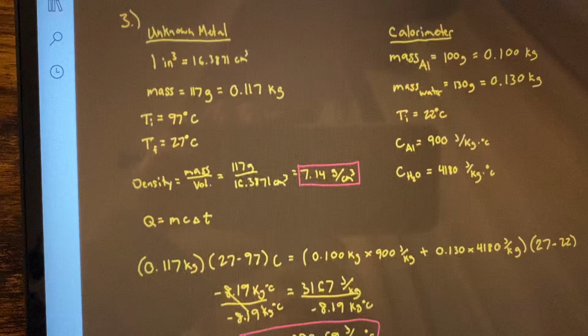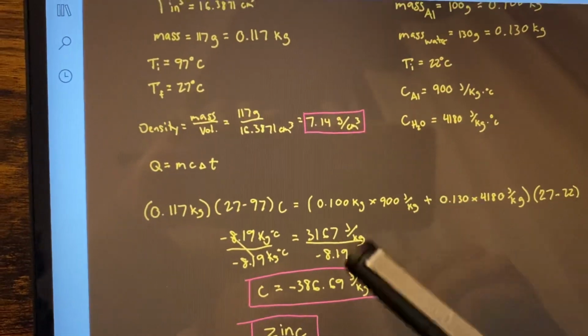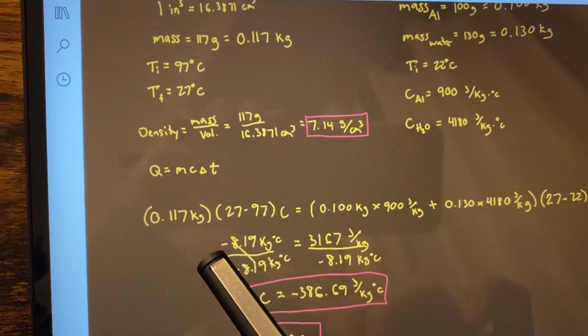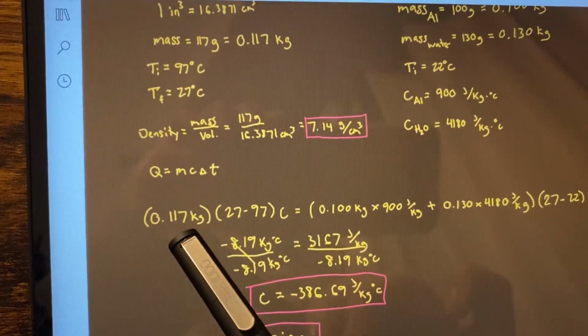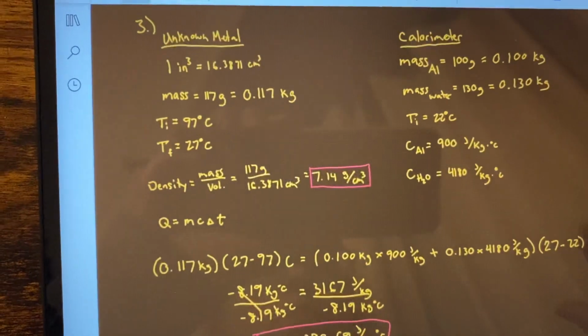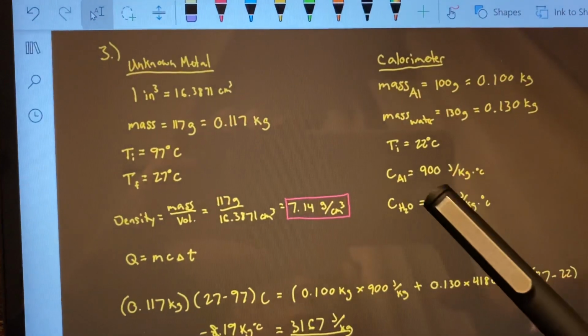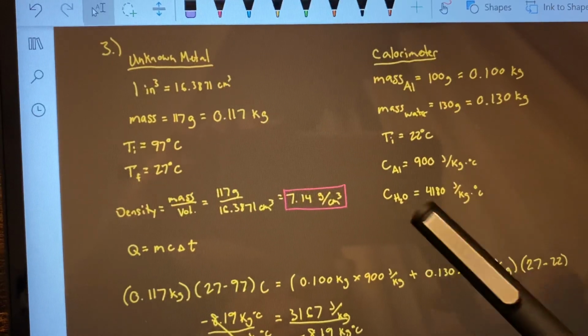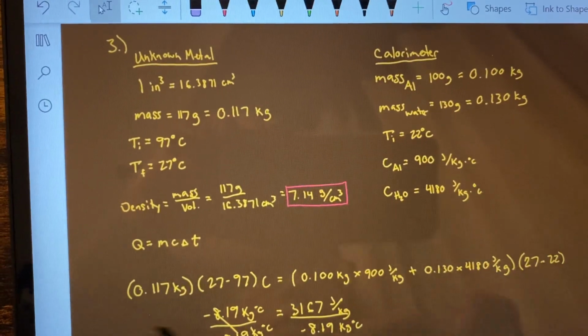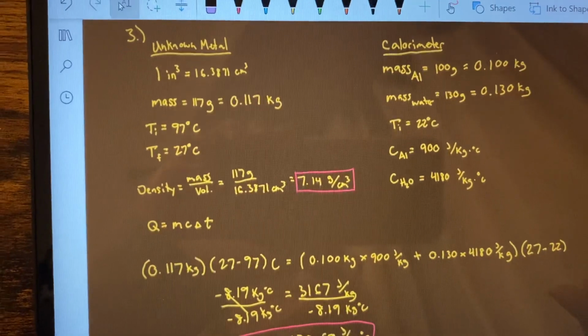And then for the next part, we use our MCAT equation. We have the mass in kilograms and we wanted to use kilograms for this part because the other specific heats of aluminum and water I gathered in joules per kilogram, so we want everything to be in the same unit.